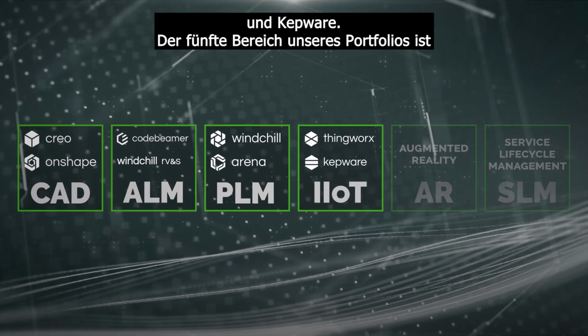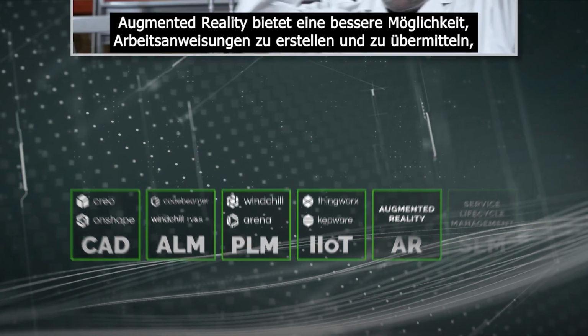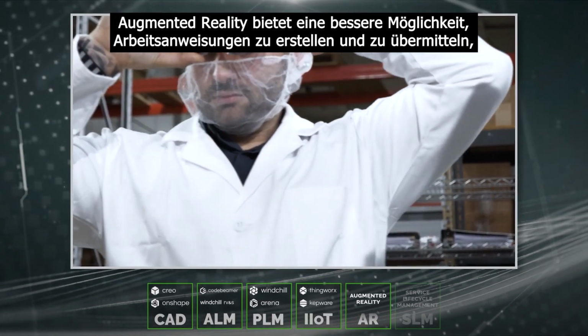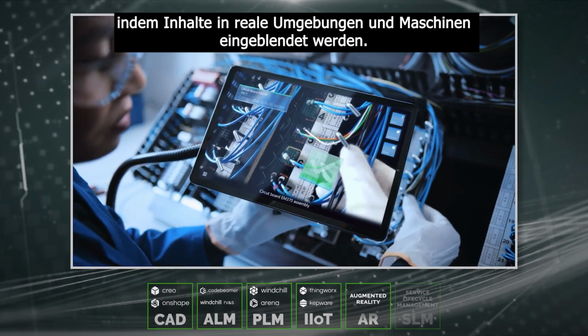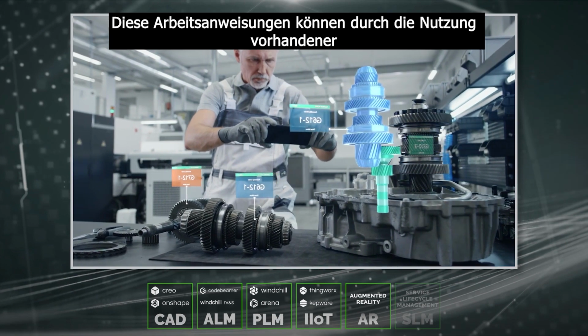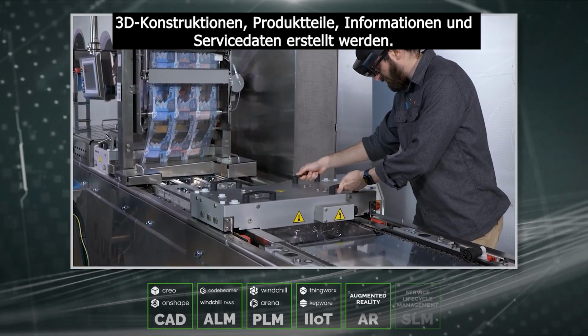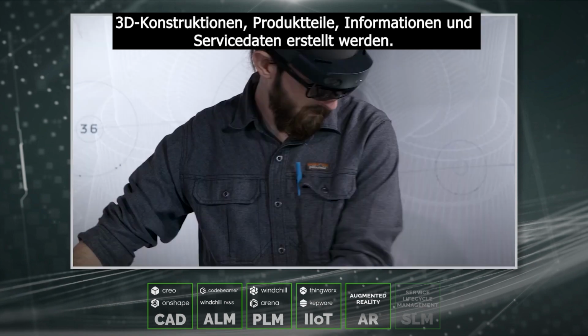The fifth area of our portfolio is augmented reality. Augmented reality offers a better way to create and deliver work instructions by overlaying content onto real-world environments and machines. These work instructions can be created by leveraging existing 3D designs, product parts information, and service data.